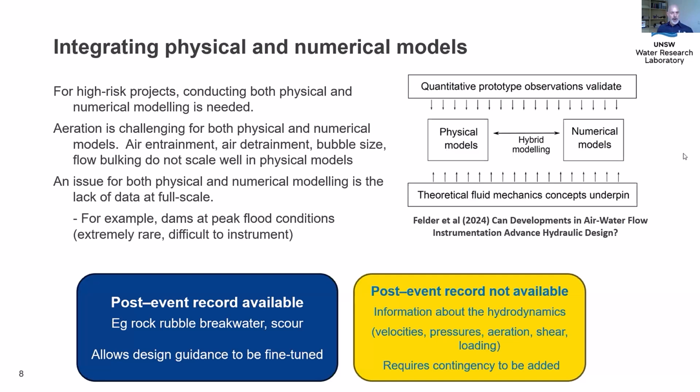We've got to make sure that they're operating over decades and then that they survive during those very large events. So for some things, like loading on a dam structure, it's really hard to get information about what's happening at the prototype scale. So we need to allow for that.